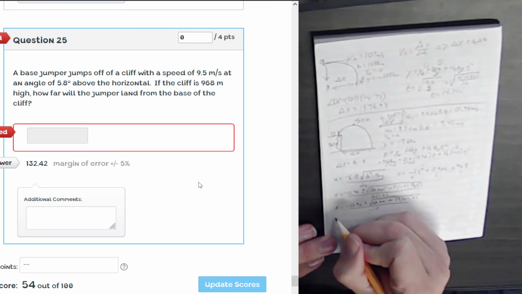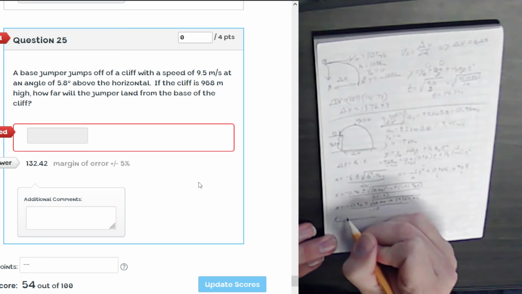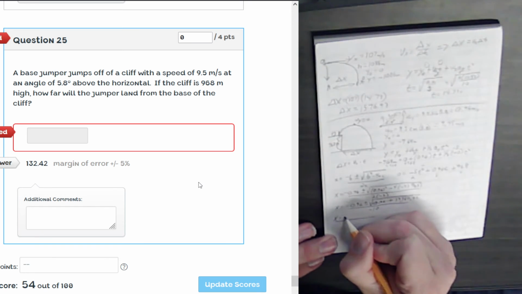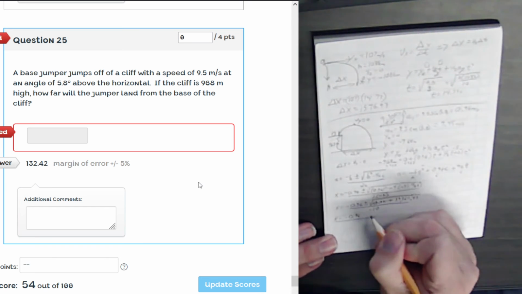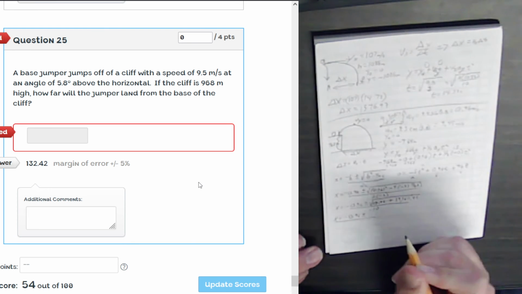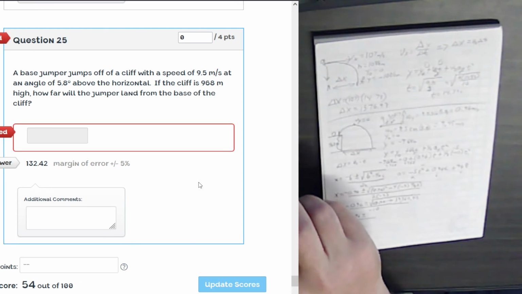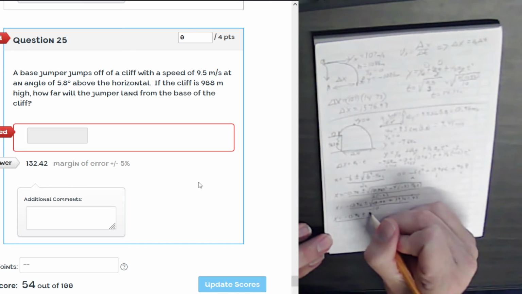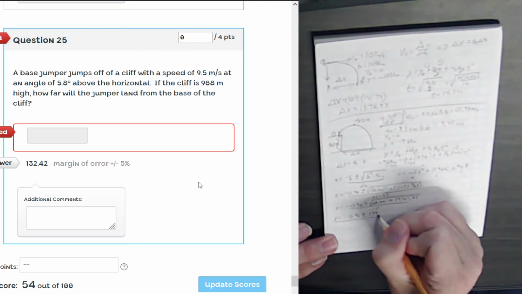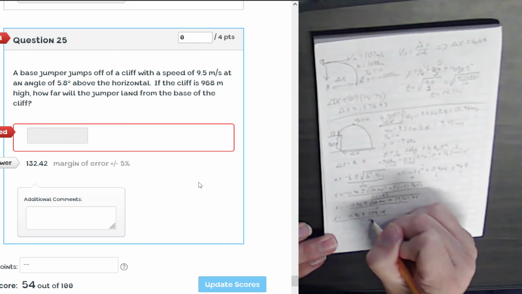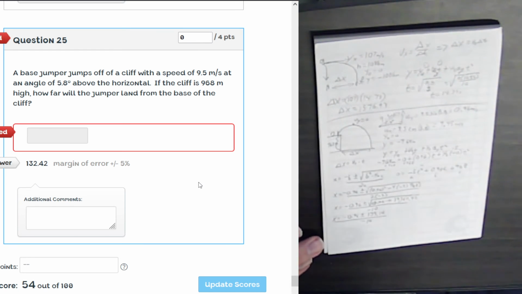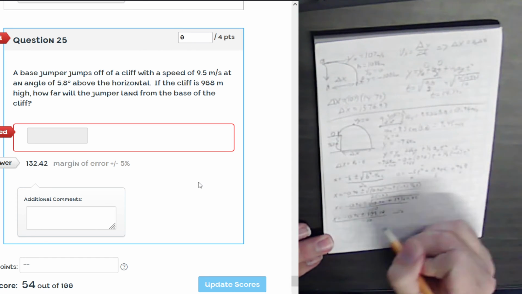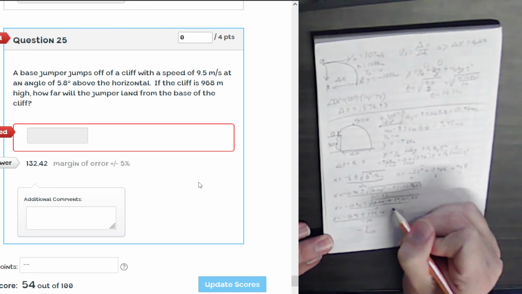Okay, so we got to take a square root. So x equals negative 0.96 plus or minus, so we take a square root of that number. We get 139.14 over negative 10. Okay, so we're going to get a plus and a minus, so we'll do plus straight across here, and we'll do minus down here.